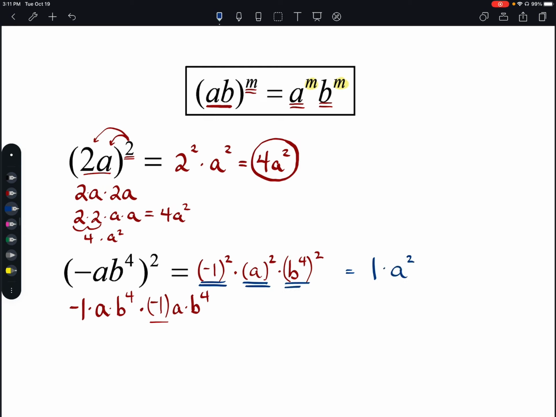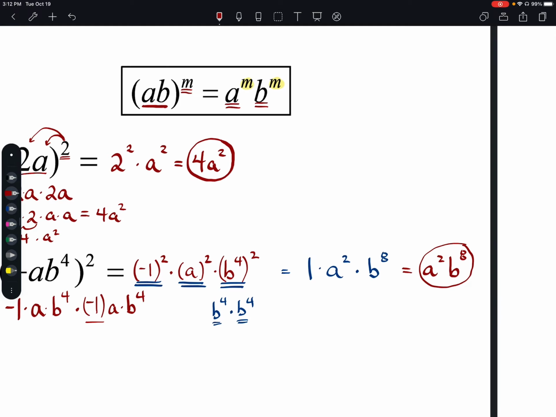And b to the fourth times b to the fourth is like our last rule: we have b times itself 4 times, and b times itself 4 times. Really, we're multiplying b times itself 8 times. We don't need to include the 1 now, so we'll have just a squared b to the 8th power. And that would be our answer.